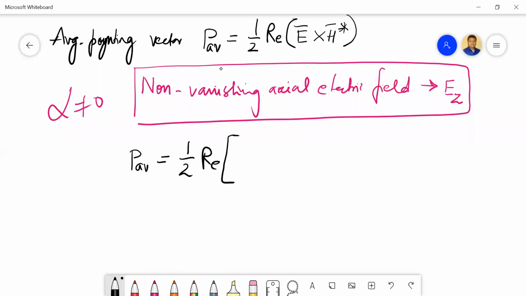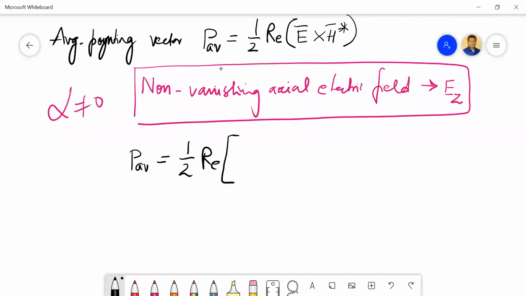We started with the EY component, and then we have the HX component. And finally, because alpha is not equal to 0, we are considering losses during propagation. So there must be some small effect of the axial electric field, which is why we are incorporating Ez also.